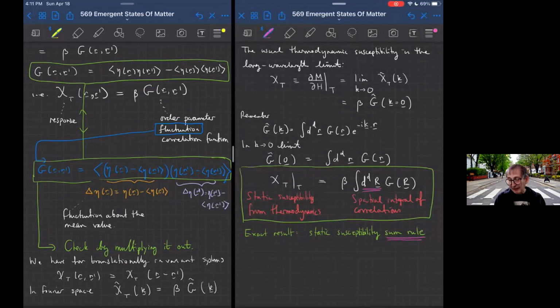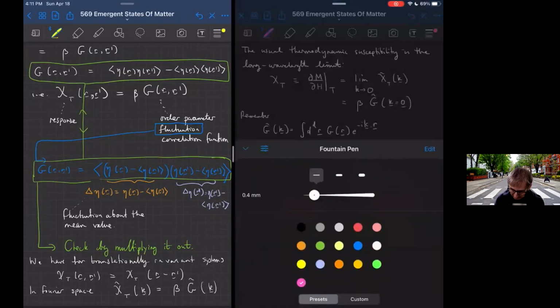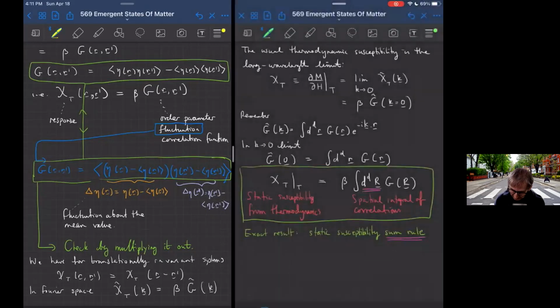So what that says is that if I want to compute how a system responds to an external perturbation, what I need to compute is the 2-point correlation function. And now I want to show you next how we go about doing that. So the next thing that we're going to do is how to compute the 2-point correlation function.